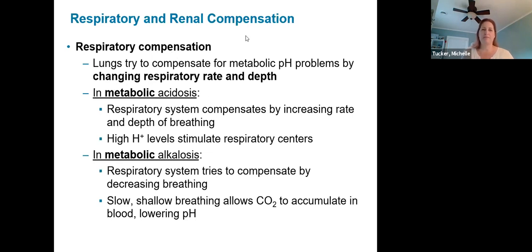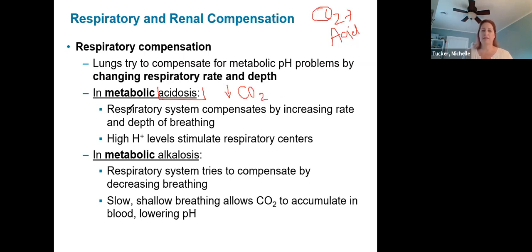So remember, CO2 acts as an acid. So if the body is already in acidosis, it needs to decrease the level of CO2. That will decrease the amount of acid coming from CO2 to try and compensate.